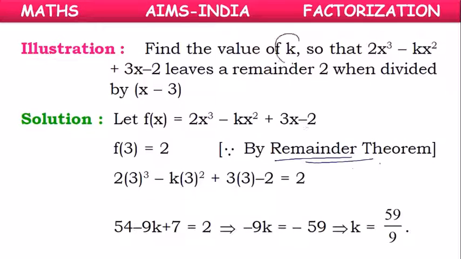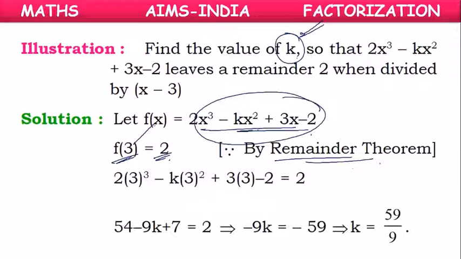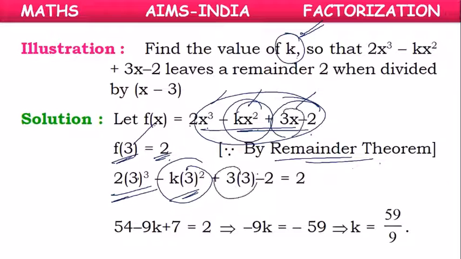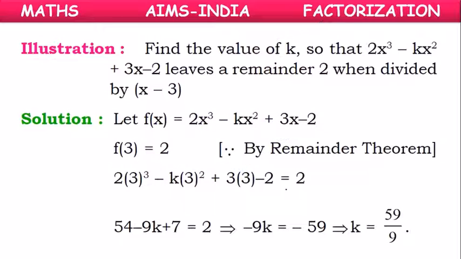Now we have to find the value of the unknown k, which is present in the expression f of x. So we have the clue f of 3 equal to 2, but f of 3 means in the right hand side of f of x, wherever we find x, there we have to keep 3. 2 into x cube means 2 into 3 cube, k into x square means k into 3 square, 3 into x means 3 into 3, minus 2.